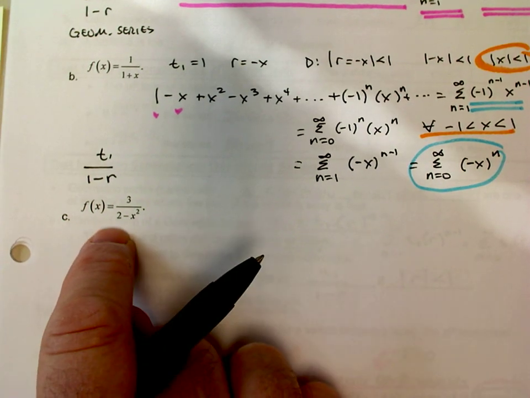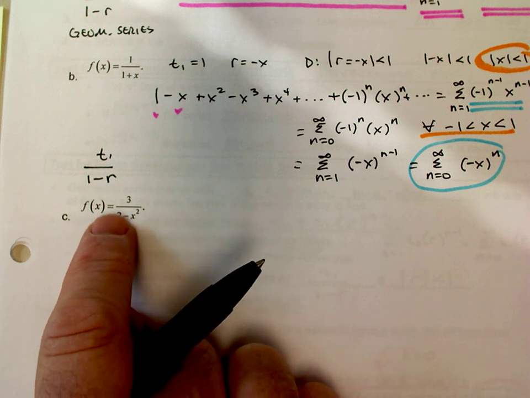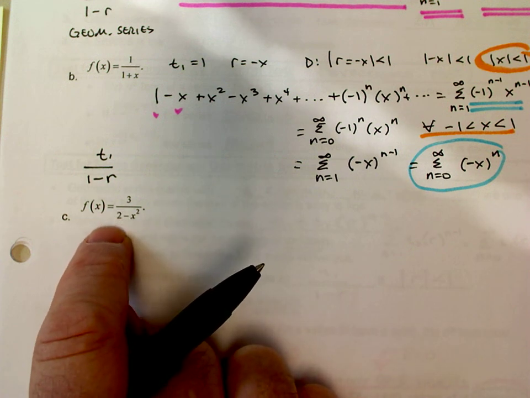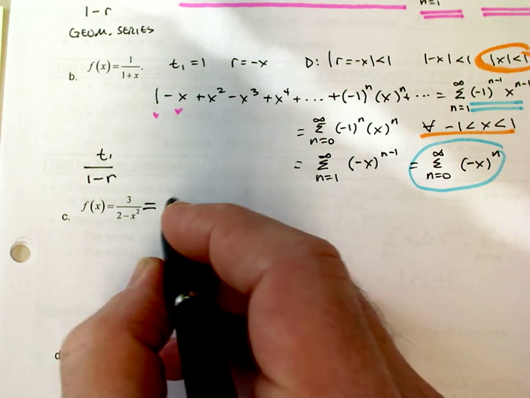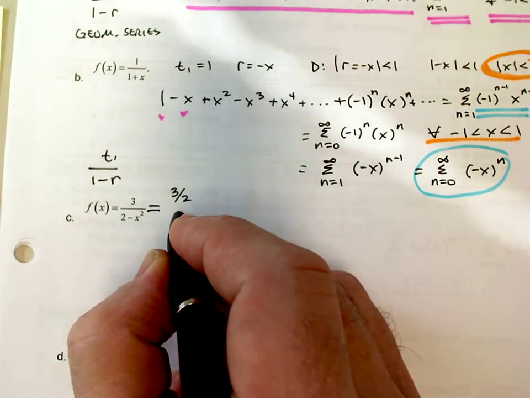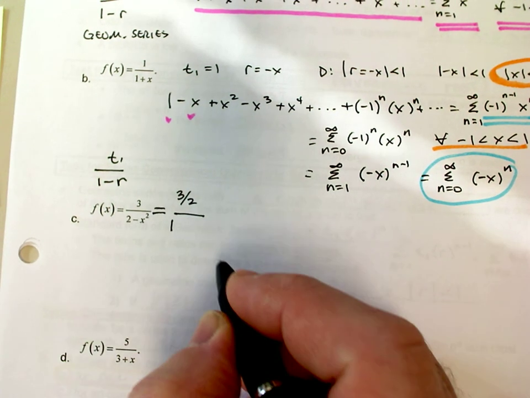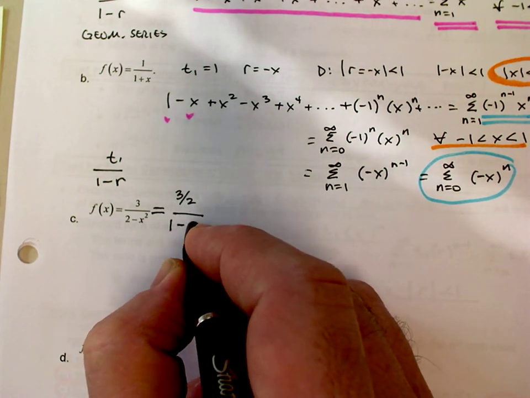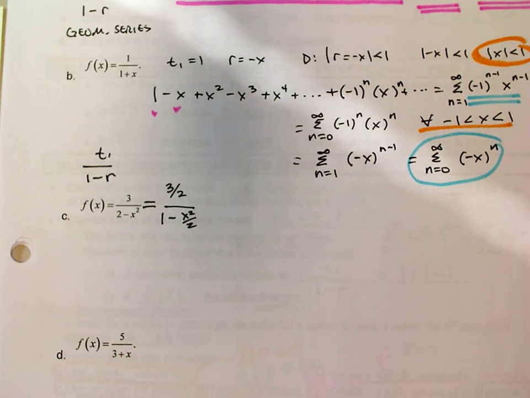Okay? So hopefully your fraction skills can come back to you real quickly here, because I need to divide all of this by 2 in order to get this to 1. So of course, when I divide by 2, the numerator becomes 3 halves, and then the denominator, 2 divided by 2 is 1, minus x squared divided by 2.